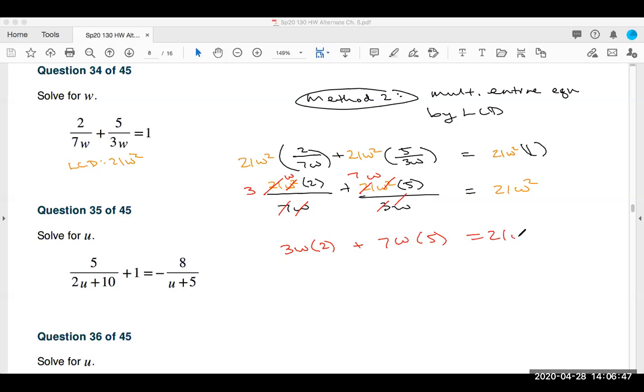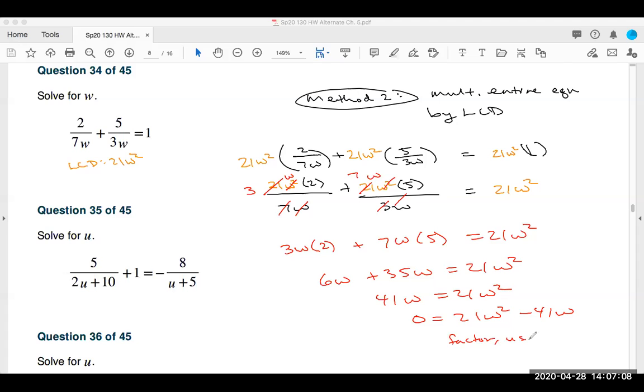That equals 21W squared. And that's 6W plus 35W equals 21W squared. 41W equals 21W squared. And then factor, use the zero product property. You should get the same thing.